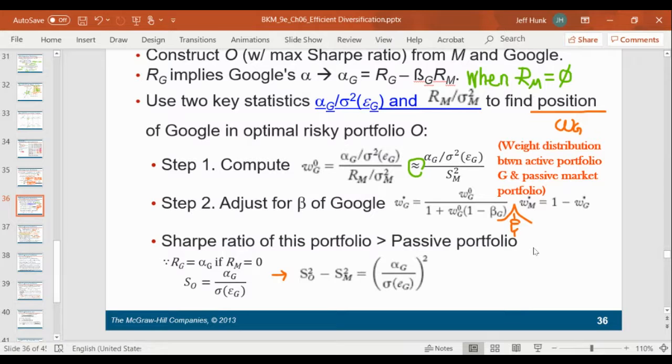Otherwise, there's no benefit. Makes sense? There's no benefit of constructing an active portfolio by adding Google if the Sharpe ratio of the entire portfolio is not greater than the Sharpe ratio of the passive portfolio.